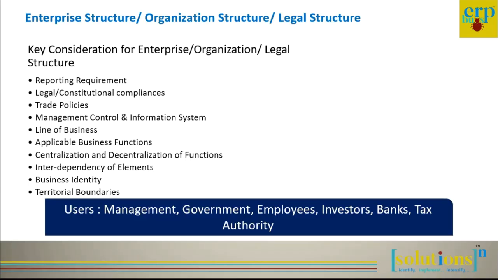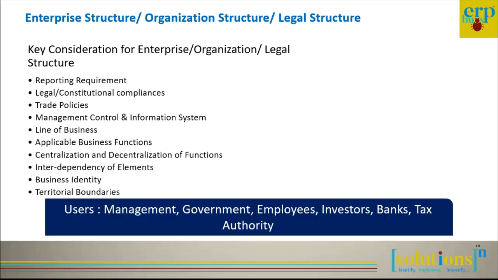Why do you need to register? Because it has a relationship with the tax liability, because the balance sheet, tax liability, everything will be prepared based on your organization structure. If that is a legal entity, then all the reports need to be submitted to the local authority, I mean the local authority, federal authority, or state government, whatever.